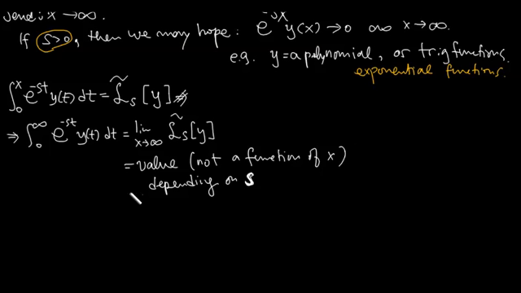This captures not the behavior of the function itself, but the differential behavior. I think that's the right way to say that. This transform captures this differential behavior rather than the functional behavior itself. So finally, our definition of the Laplace transform.